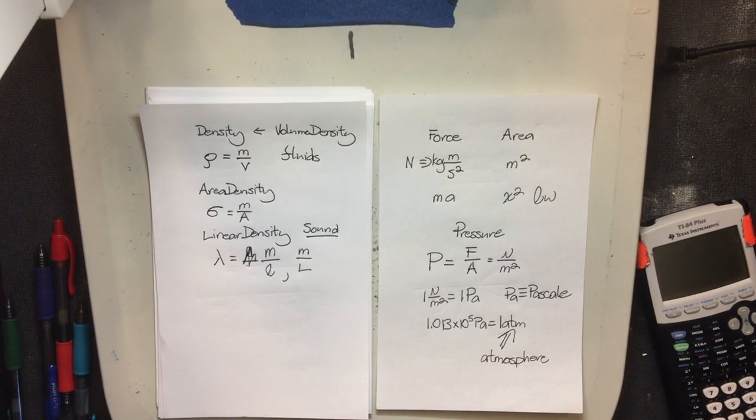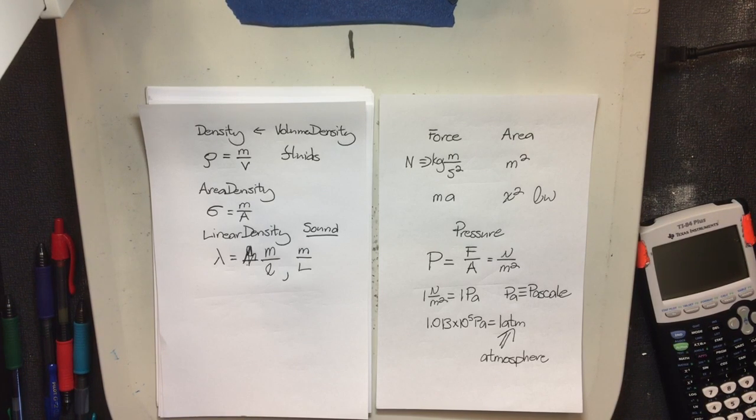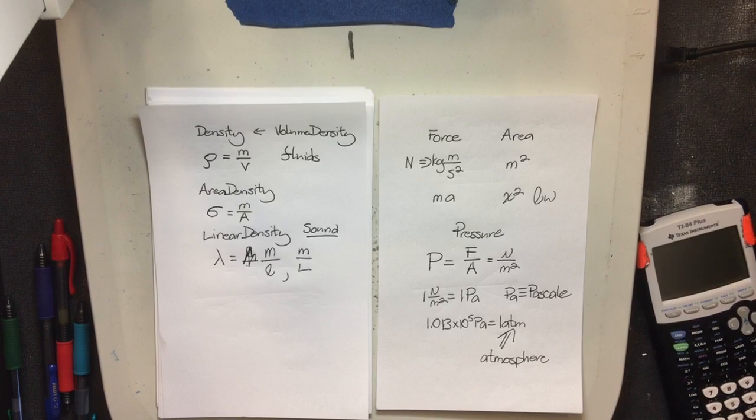What's easier to measure on a guitar string? Its volume or its length? You can measure its length, just get a yardstick or meter stick. To measure its volume, it's going to get a little bit more tricky. It is experimentally easier to measure the length, so for guitar strings, so many grams per meter is just an easier way to measure things.